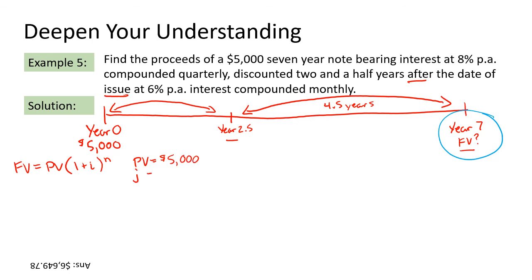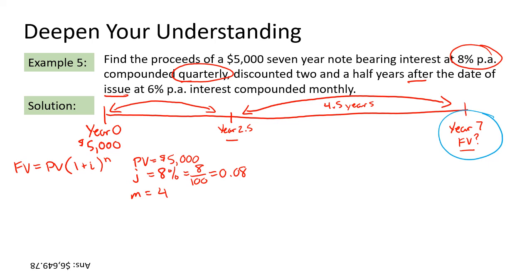We know at this point our nominal interest rate provided in the question is 8%, which is equal to 8 divided by 100, removing the percentage sign, which is equal to 0.08. Our number of compounding periods per year, m, this is compounded quarterly, so that means m is equal to 4.